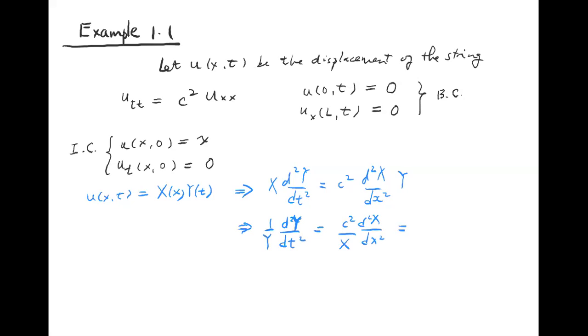This has to be equal to a constant. As we said, we know that it has to be equal to minus omega squared. So you get this. Basically, we immediately see that the T part will have the same form, so don't worry about it: a sine omega t plus b cosine omega t.